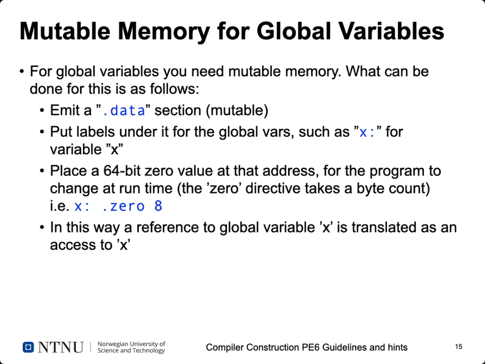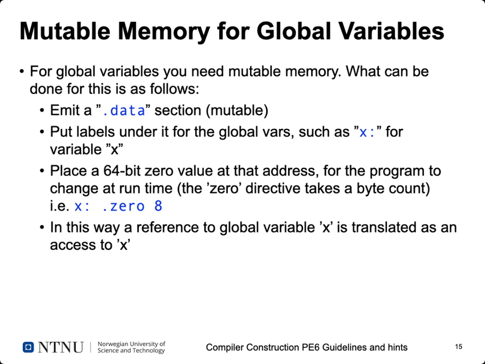Then we just generate labels for each of the global variables, such as x for the variable x, and usually for labels we add a colon so our assembler can figure out it's a label. And remember, labels always start in the leftmost column of a line, so they're left aligned. Then we usually place a 64-bit 0 value at that address, so the program can change this at runtime, and our variables are guaranteed to be initialized.